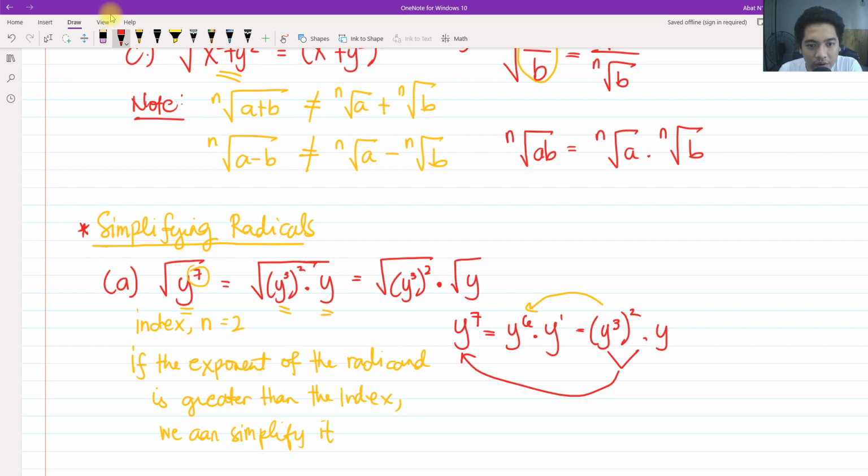Okay. And if we convert this first term into exponential form, what would be the result? Our index is 2, so I have y cubed squared, and since this is a square root, this would be y cubed raised to 2 all over 2.